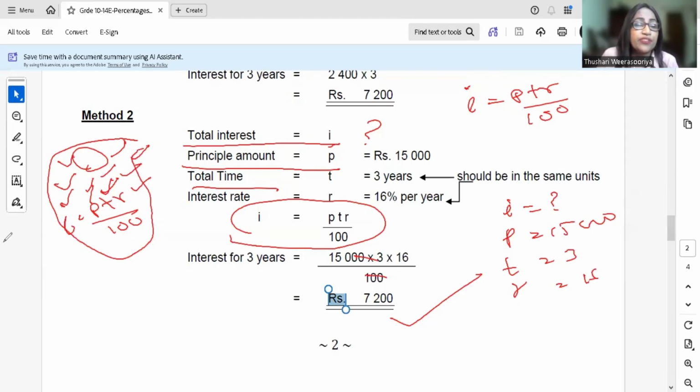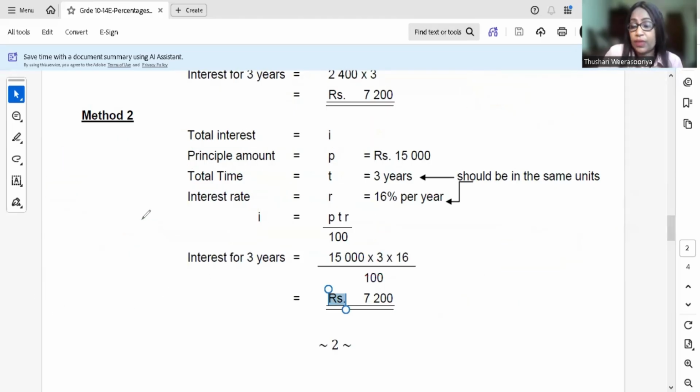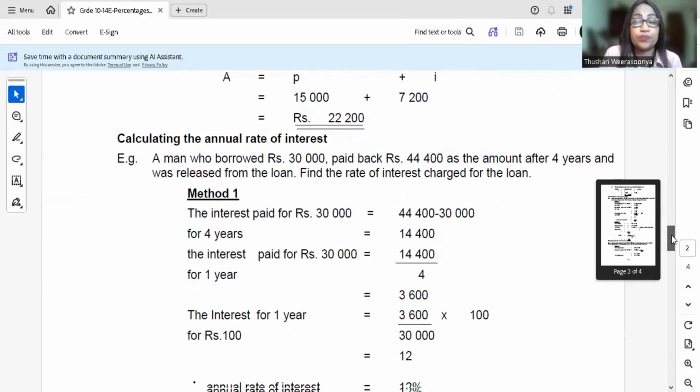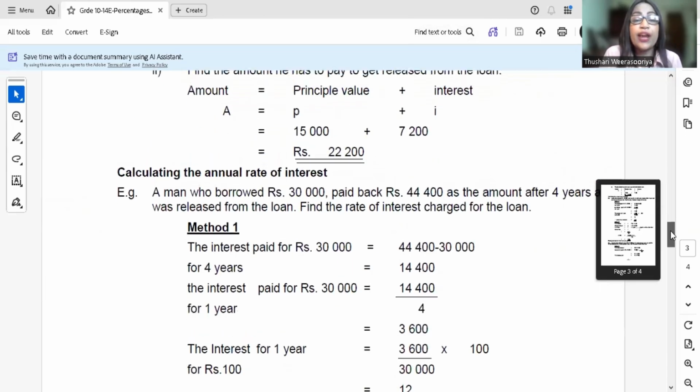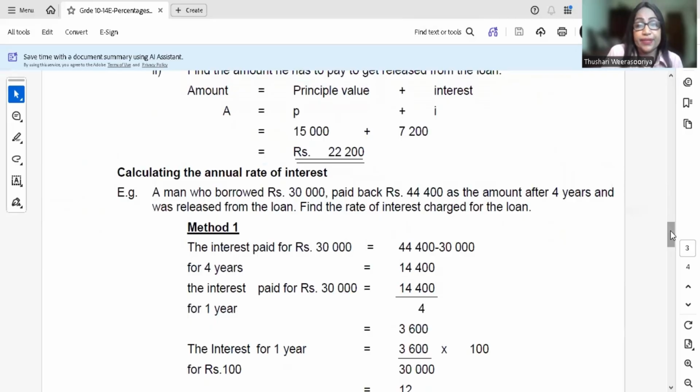Right. We go to the next type. Second example: calculating the annual rate of interest. Now look at this. This is how you do it.